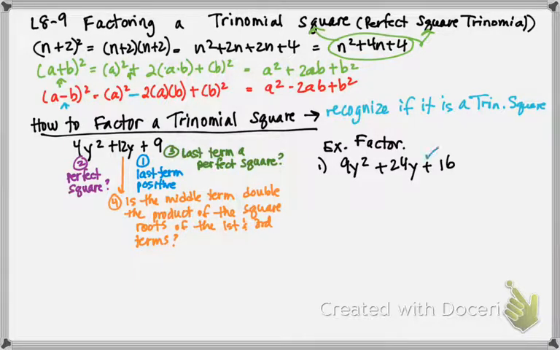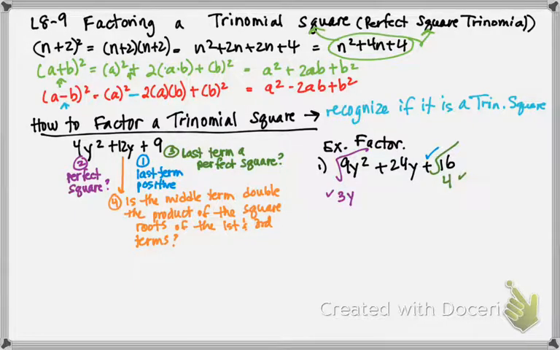And the answer is yes, it is. Okay, and then is the first term a perfect square? Well, let's try it. The square root of 9 is 3. Square root of y squared is y. So, yep. Is the last term a perfect square? Can I take the square root of him? Yep, I get 4, so that works.